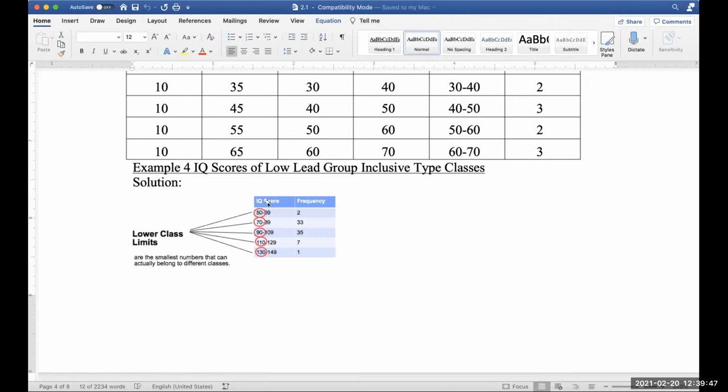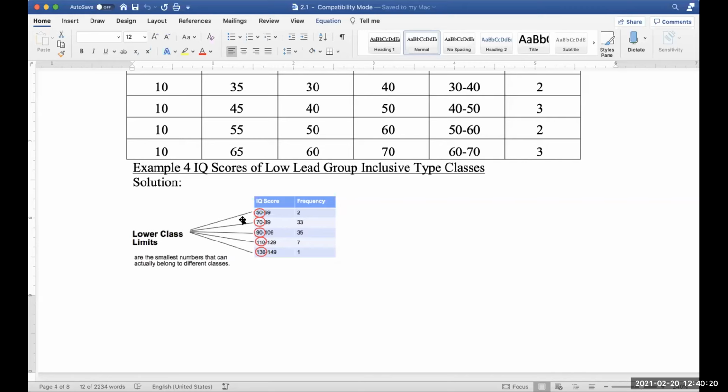So notice that there's a gap here. It says 69 here and 70 here. So let's do the lower class boundary for this class: 69 plus 70 divided by 2, which is 69.5. So the lower class boundary for this second interval is 69.5.